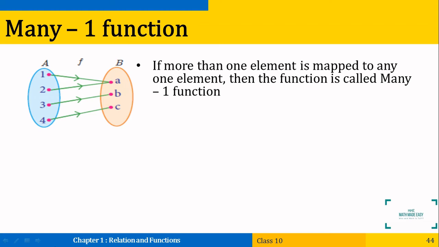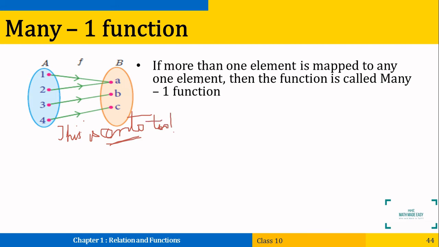For example, if we take 1 from the set A, it is mapped to A in the codomain, but check out 2 from A, it is again mapped to A, which is the image of 1 here. So, many elements go to A here. Here many means more than 1, right.